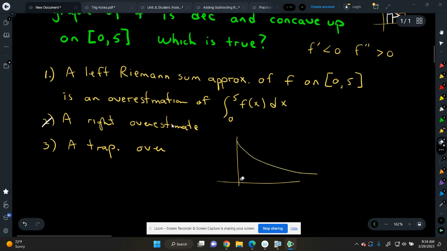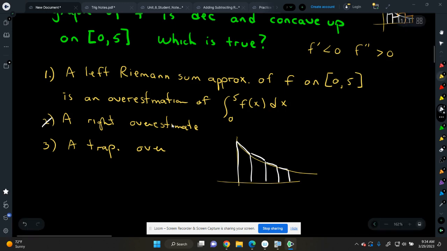Okay, so let's draw our trapezoids in here. Okay, there's a trapezoid. It's kind of a tough one, isn't it? That's a little bit unclear, right?